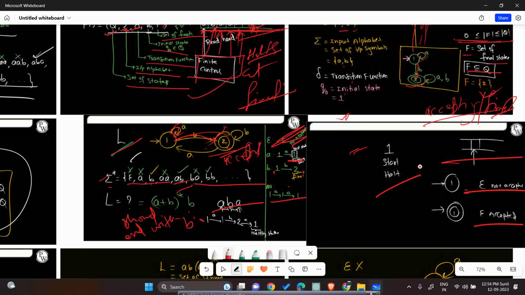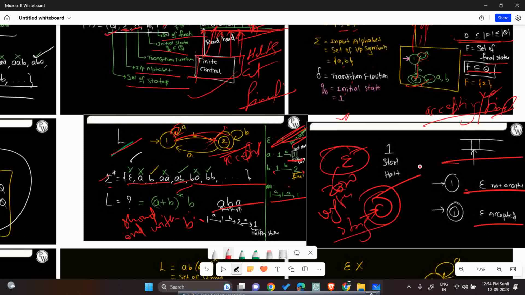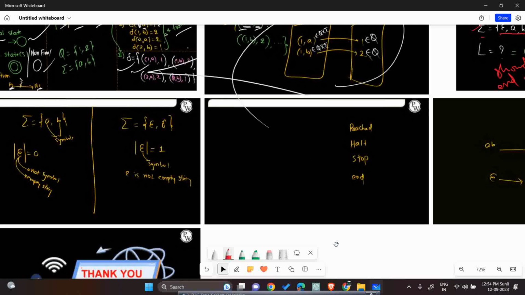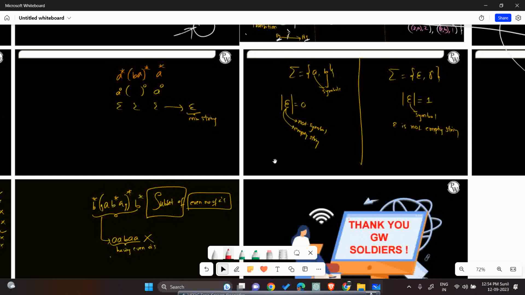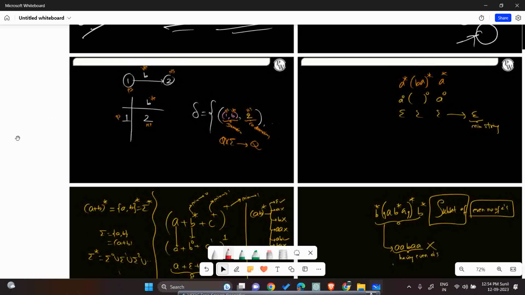So if the initial state is final, it will accept the zero length string also. If it is not, it would not accept the zero length string. This is the initial state. We can reach the initial state with no input at all. So epsilon is also accepted.